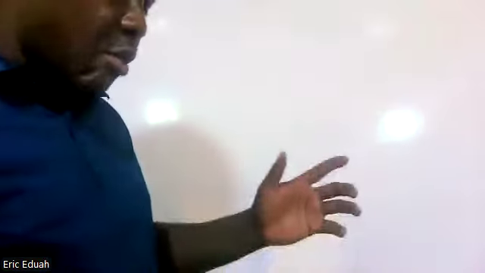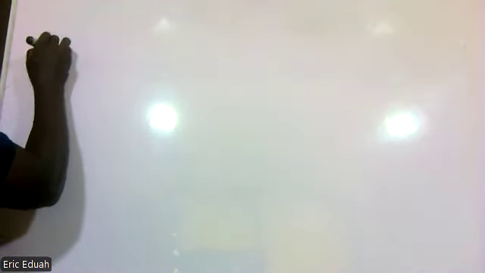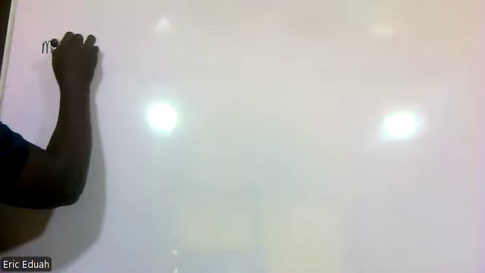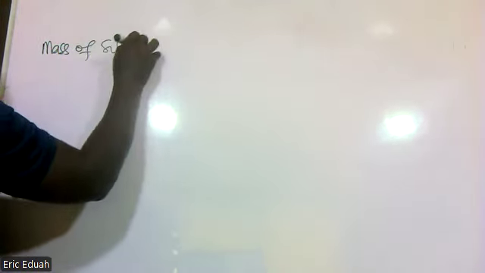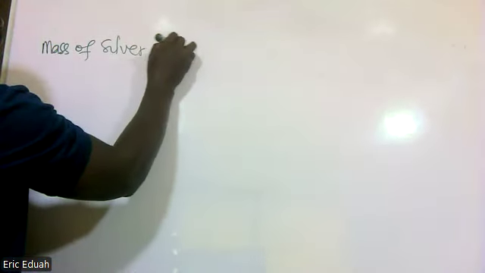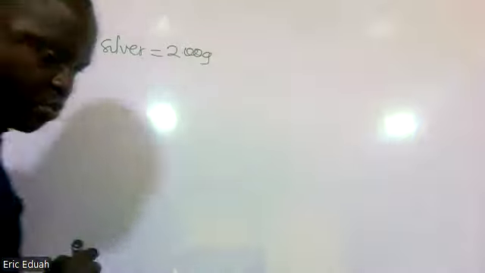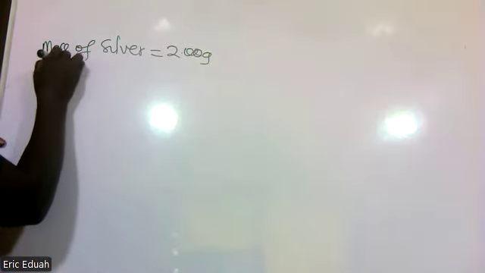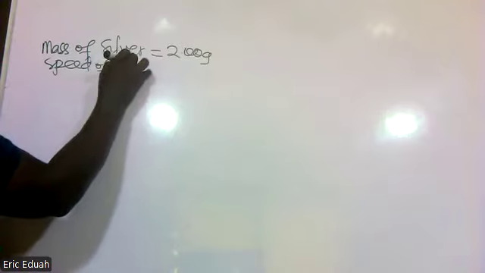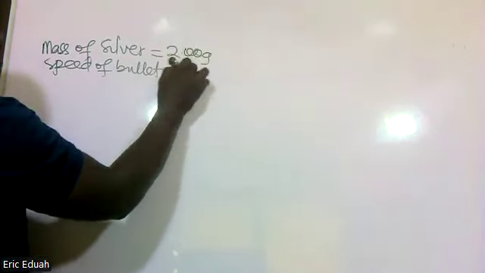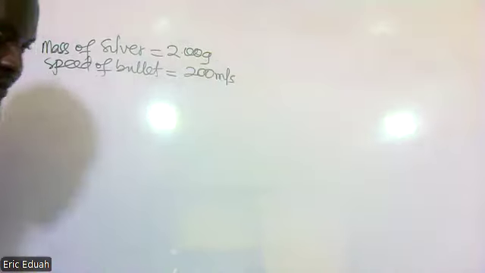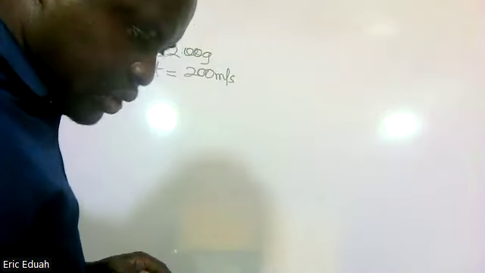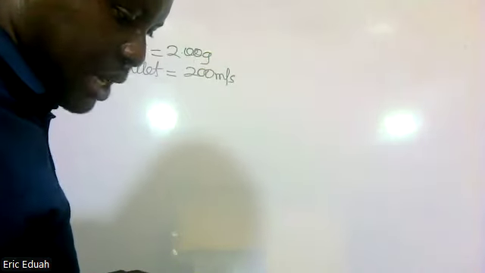So a cowboy fires a silver bullet of mass, so mass of silver, 2.0 gram, and with a muzzle speed of 200 meters per second into the wall of a saloon.